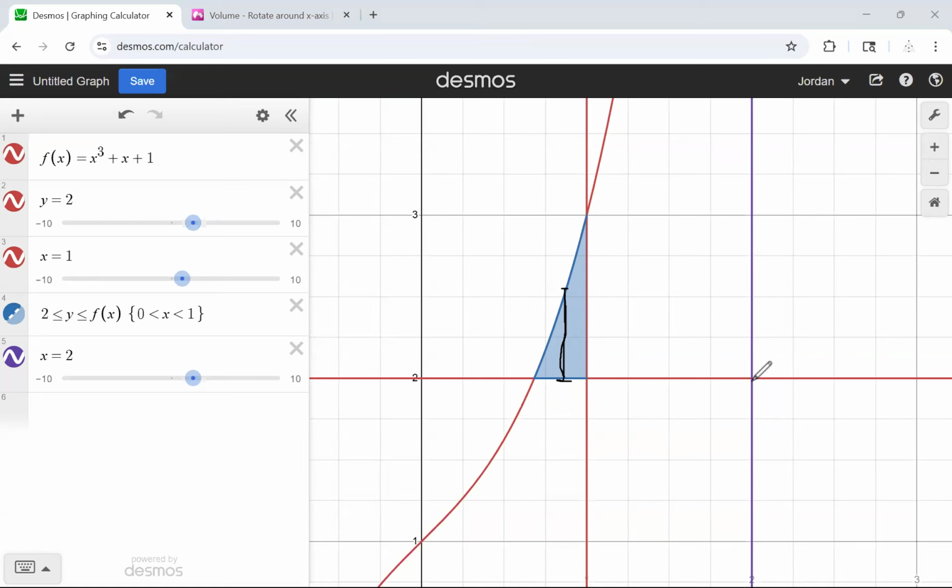My radius is going to go from x equals 2 to some arbitrary x value, so 2 minus x will be my radius. The height of this rectangle is going to go from my curve, y equals x to the third plus x plus 1, down to y equals 2. Here we had y equals 2 as this line.